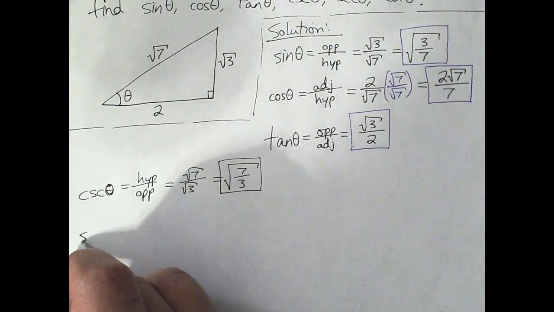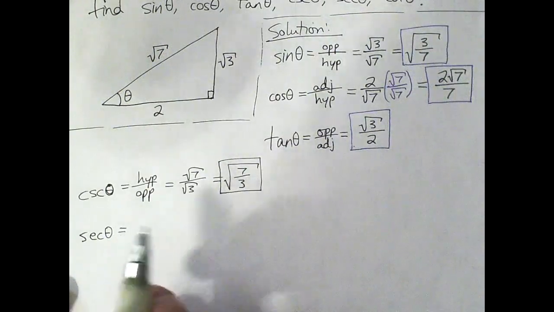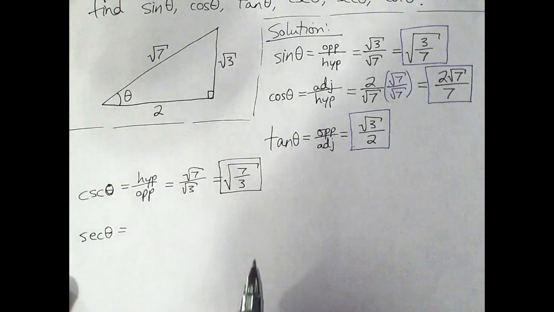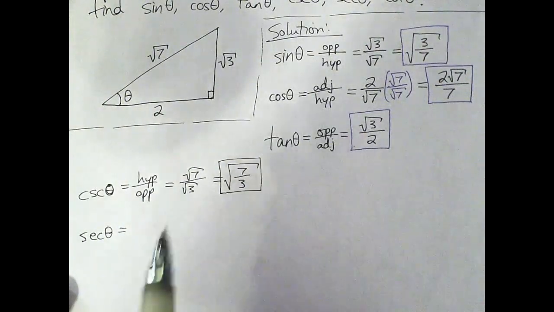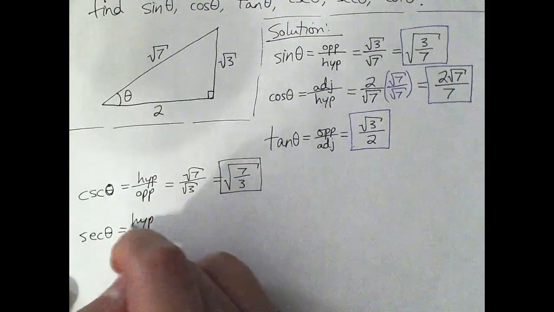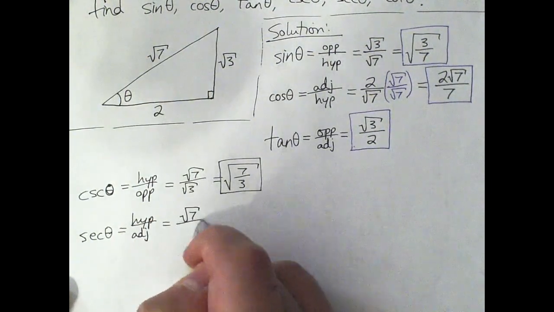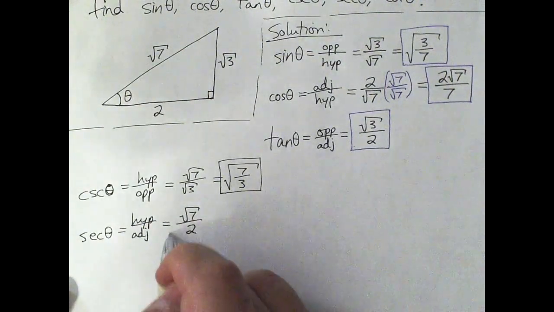For secant of theta, remember, if you remember that cosine was adjacent over hypotenuse, then you remember that this is hypotenuse over adjacent. And the hypotenuse is the square root of 7, and the adjacent is 2. So that looks good. Let's just leave it like that.